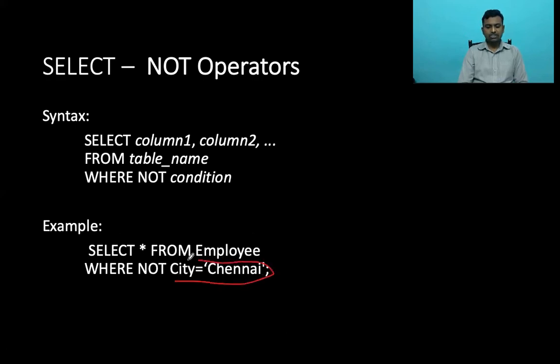Whenever my city is Chennai, those rows will not be printed. Other than that, all the other rows will be printed. You with me? So this is what the condition is. When my city is not Chennai, print that. So it will print employees who are in Mumbai, Kolkata, Delhi, everywhere.